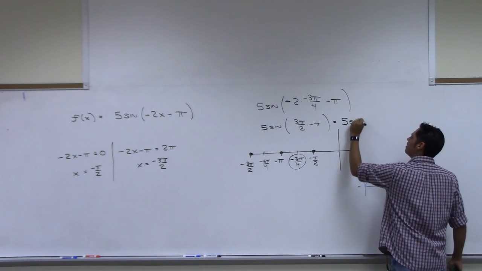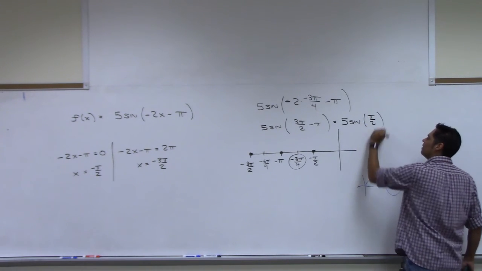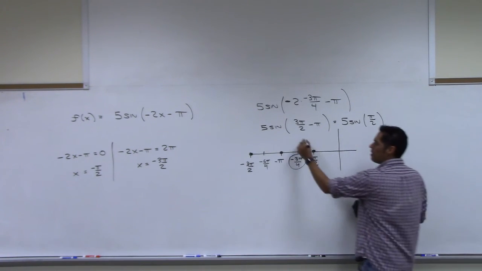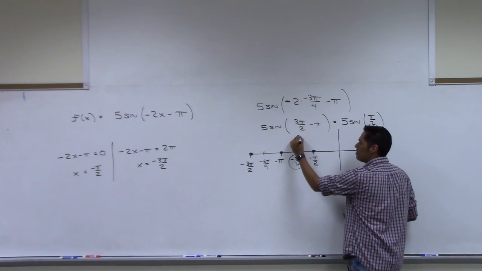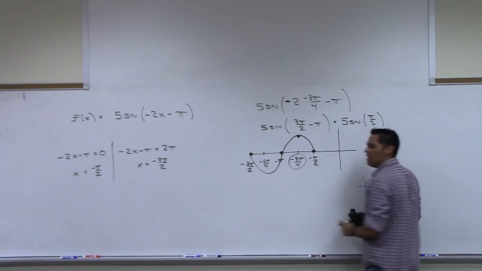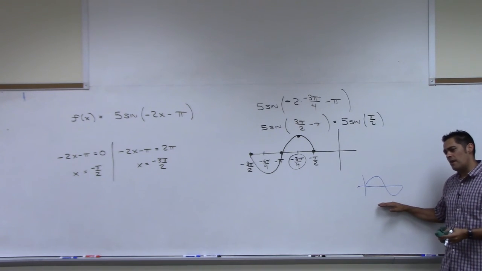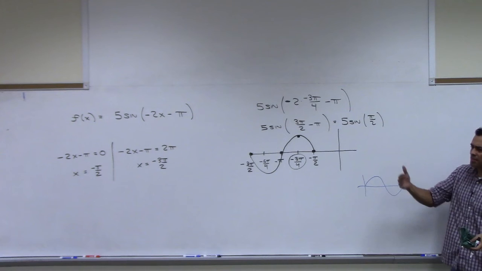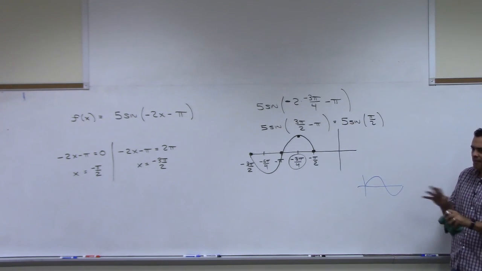Y'all okay with this? What's the value? 5. Which means that it's up here, which means when I draw it, it has to look like this, which is not necessarily what you might have been thinking, right? That's why I say it's dangerous. Testing a point will make sure you don't have that confusion.